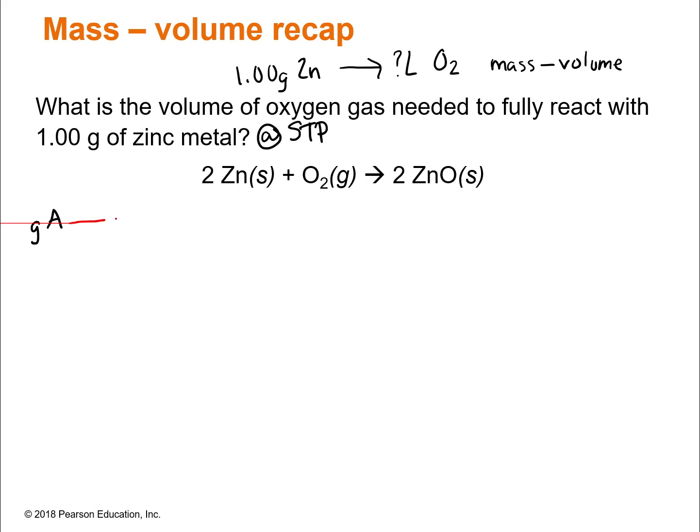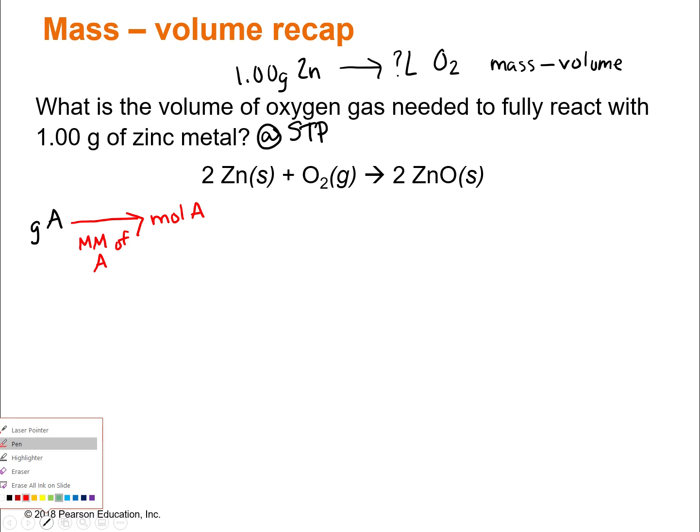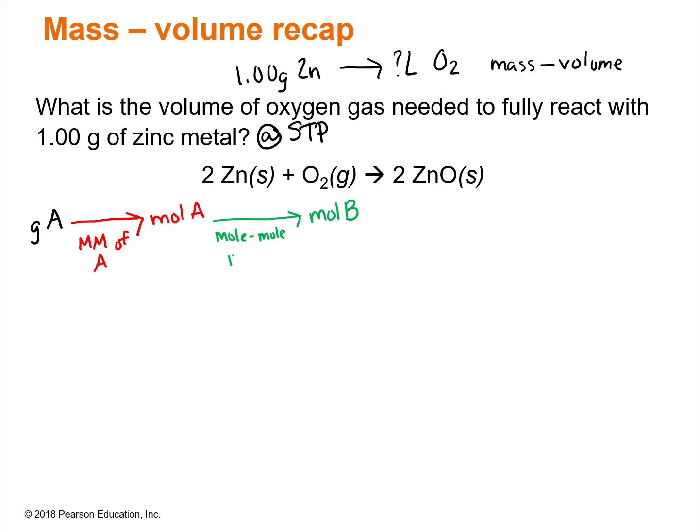The first step is always getting to moles. The second step is always getting to moles of B using that ratio. The third step is what's different.